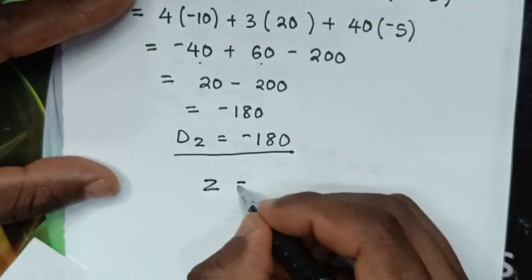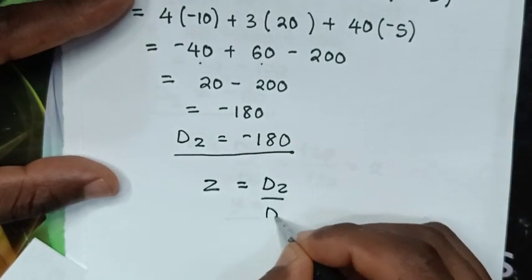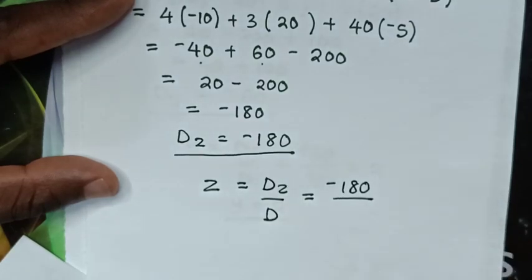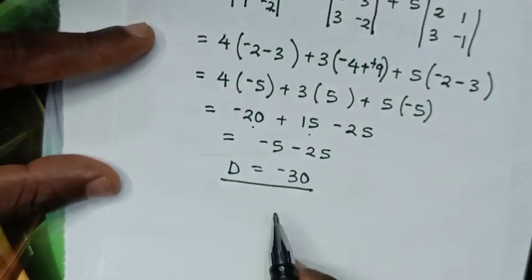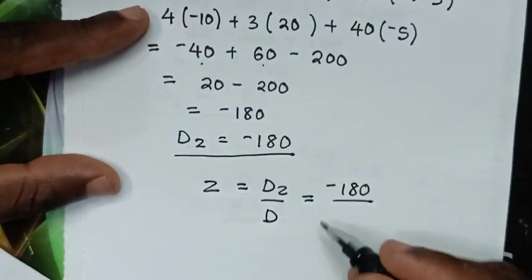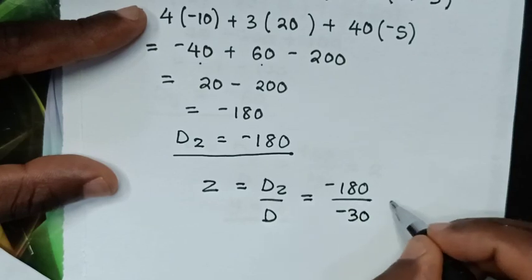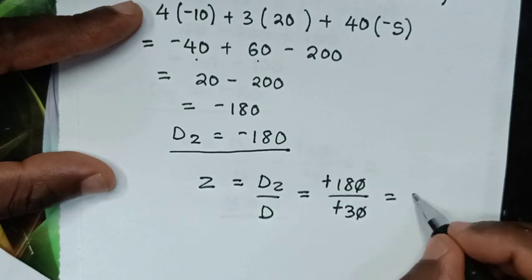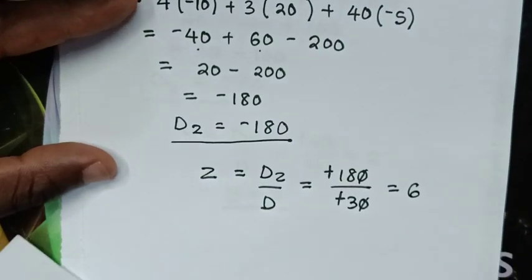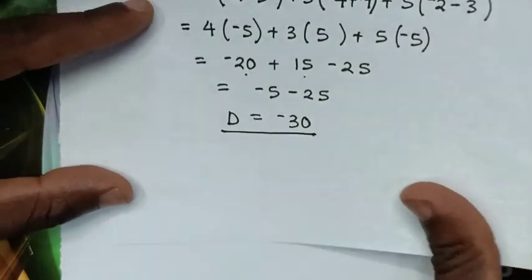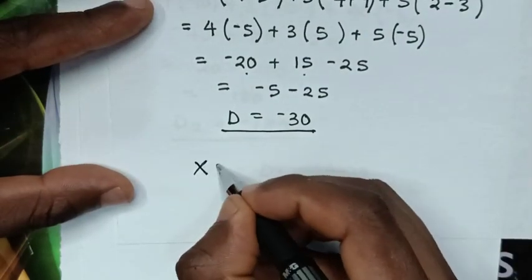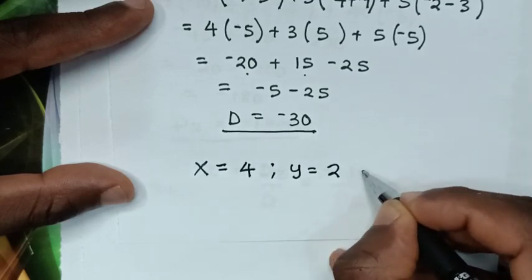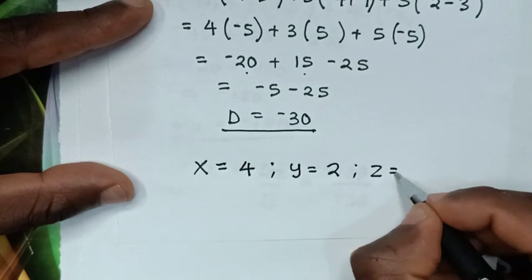Then to find the value of z is equal to determinant of z over determinant, which is equal to this negative 180 over determinant is this negative 30. Then it will be equal to this and this, it will be positive, 0 and 0 will cancel, 18 divided by 3 is 6. Therefore, the answers of this our problem for the value of x is equal to 4 and value of y is equal to 2 and value of z is equal to 6.